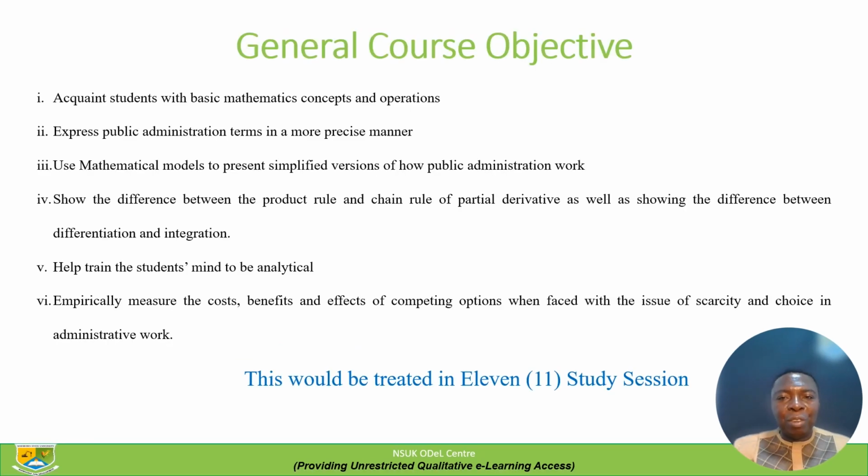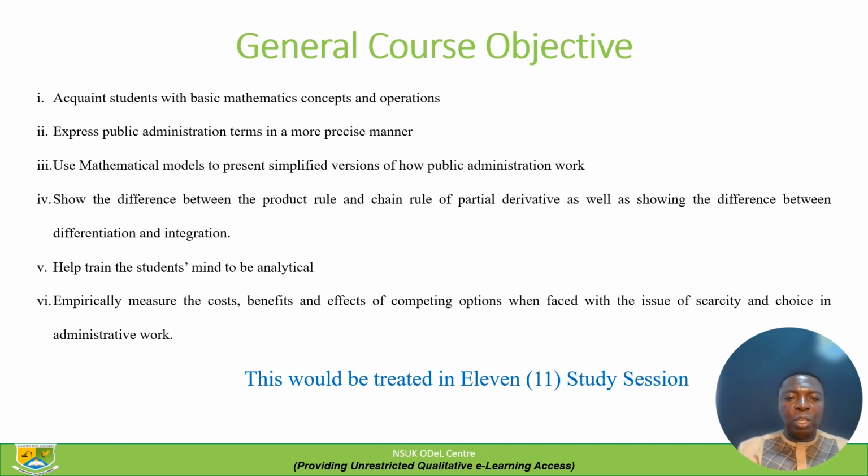The general objectives of this course are, one, to acquaint students with the basic mechanics, concepts, and operations of mathematics, express public administration terms in a more precise manner, and use mathematical models to present simplified versions of how public administrations work.